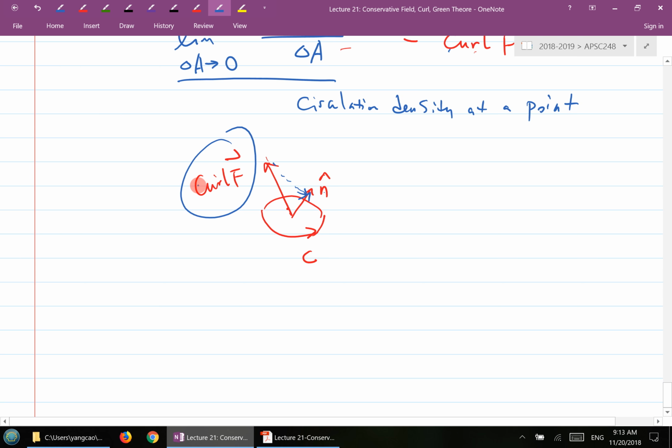So if I do a little bit of summary here: curl F has a magnitude and also has a direction.